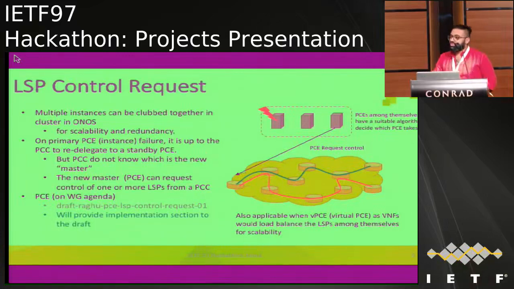But the PCEP protocol, when it was originally written, was from the point of view of the PCC. That is, it's only the PCC which can decide which PCE is in control of its LSP. But when you have clustering, these PCE instances can use their own algorithm. In the case of ONOS, they have a mastership algorithm, and they use this algorithm to figure out which PCE becomes the new master when the primary has gone down.